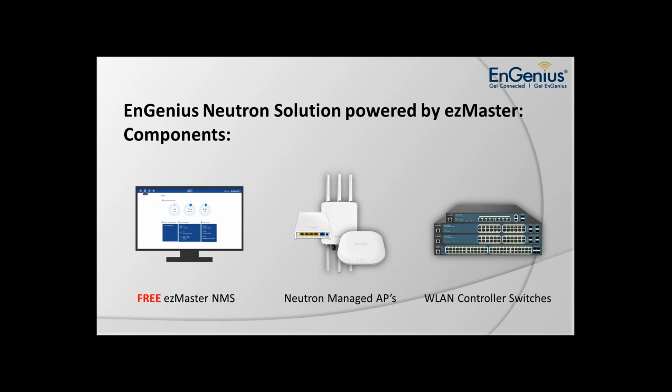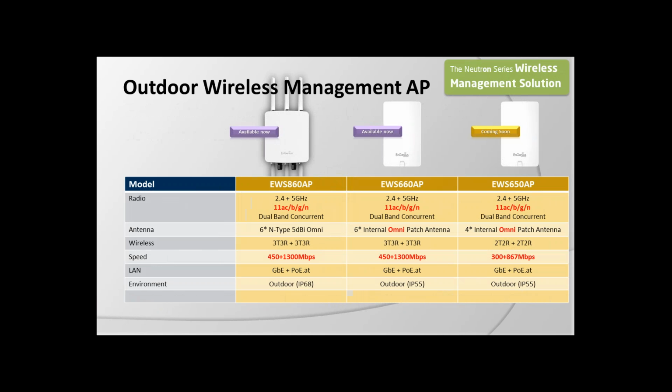I just want to show you a few slides repeating from previous presentations where I have the full lineup of our Neutron access points. In this slide, I'm showing you the outdoor access points, which are the EWS860-AP and the EWS660-AP, both available right now.